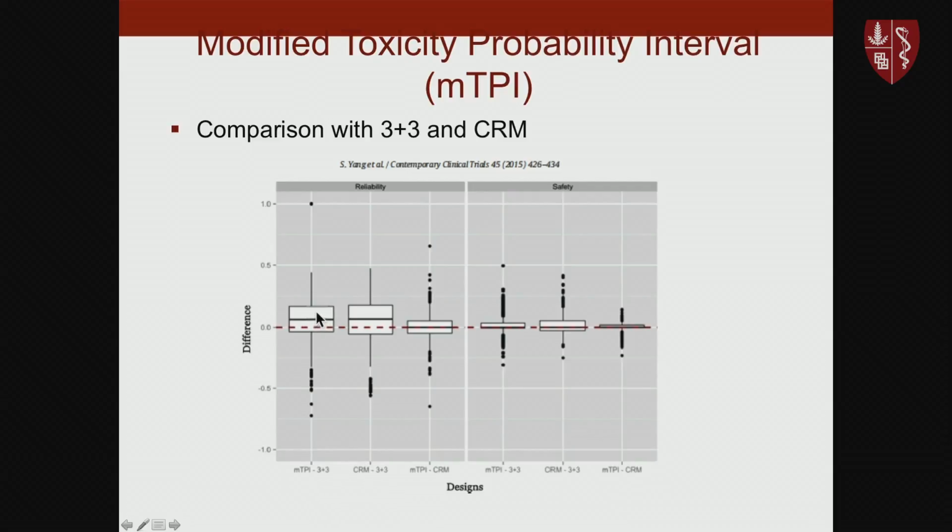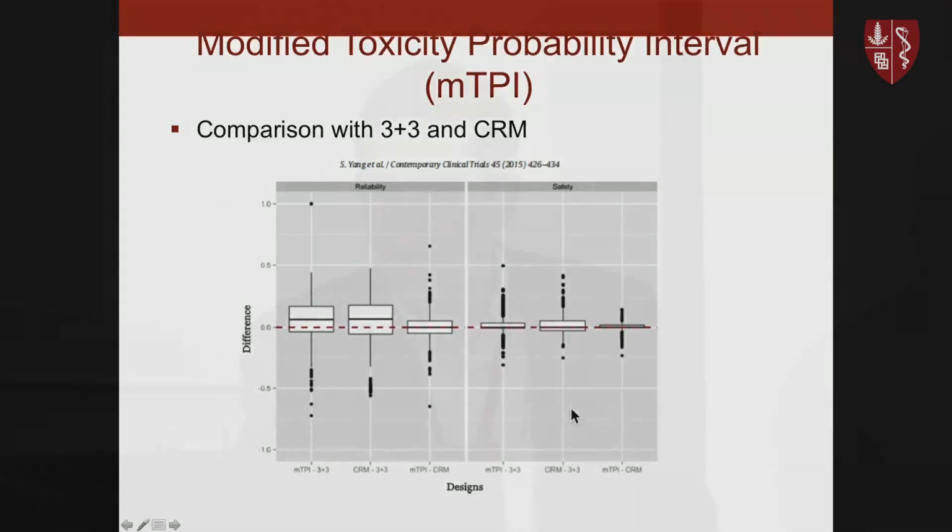This is how many times each recommends the right dose. You can see 3+3 always under-recommends. Most of the time, both MTPI and CRM recommend the right dose more often, and there's virtually no difference between the MTPI and the CRM.